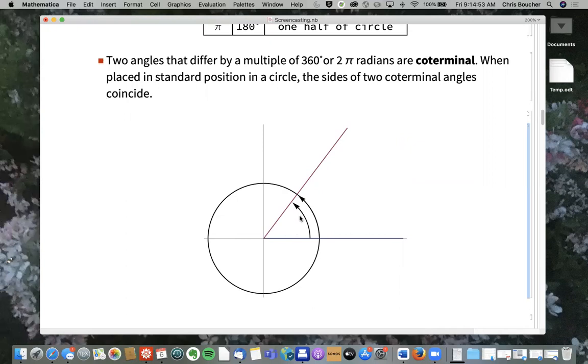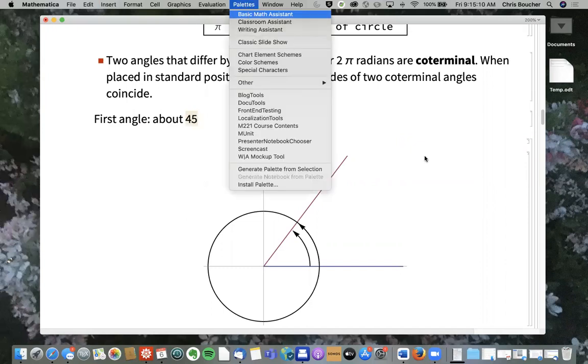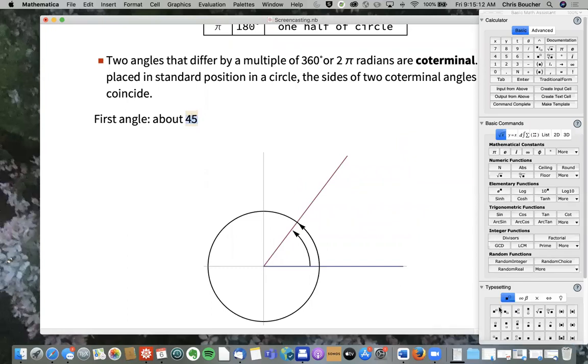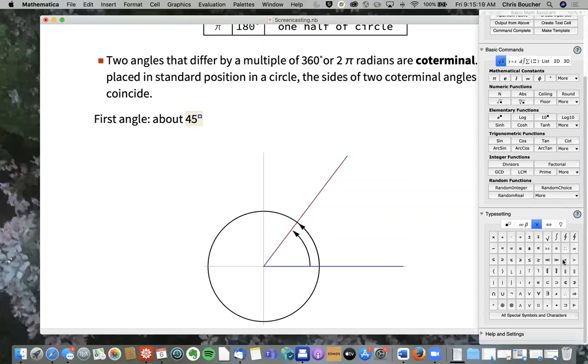So in this picture, I believe that this angle is a 45-degree angle. It looks like that, right? So the first angle is about 45 degrees.